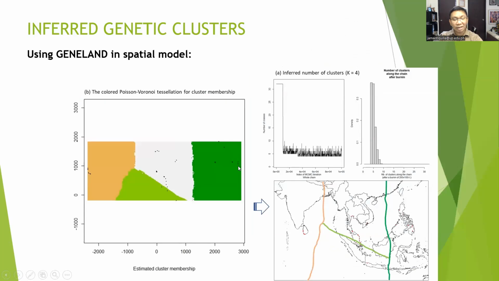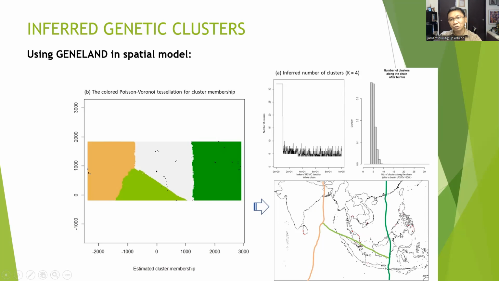So a more detailed analysis of the genetic structure in the region was conducted by using the package GeneLand, which runs a multi-locus data set with coordinates. So if the inferred number of clusters is equal to 4, this is the result of GeneLand, which is being interpreted on this map.